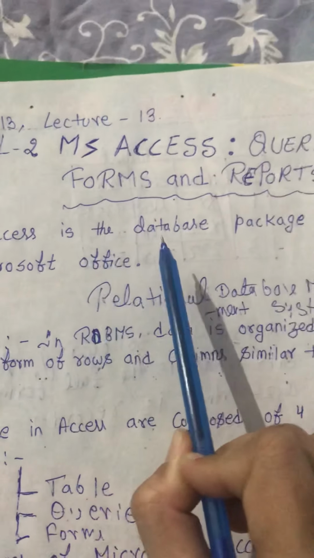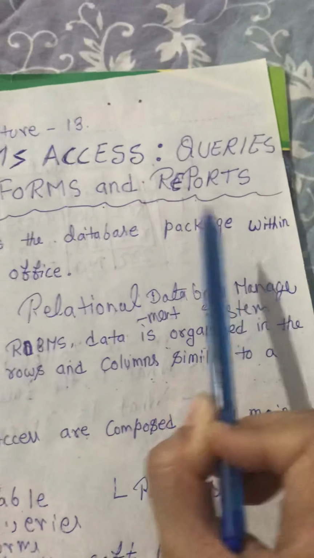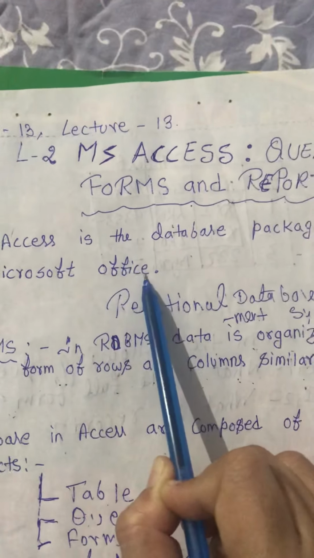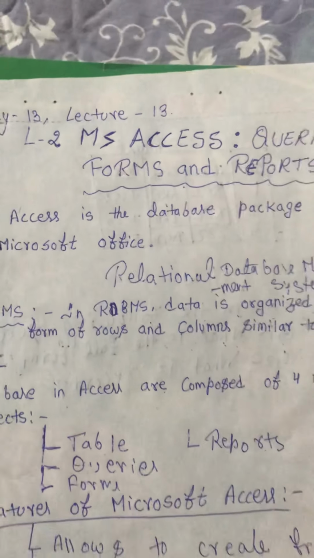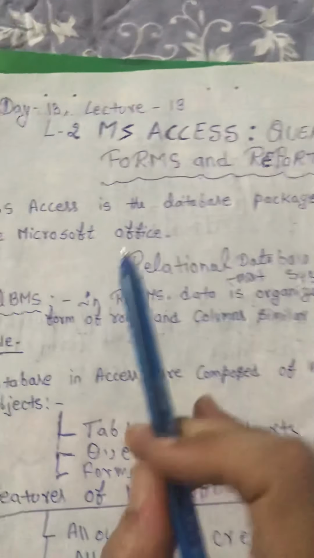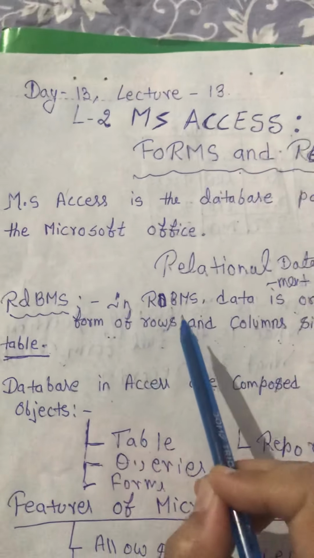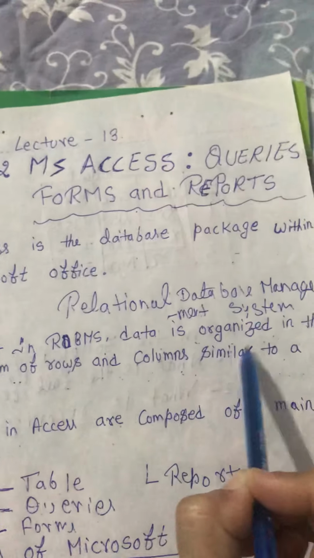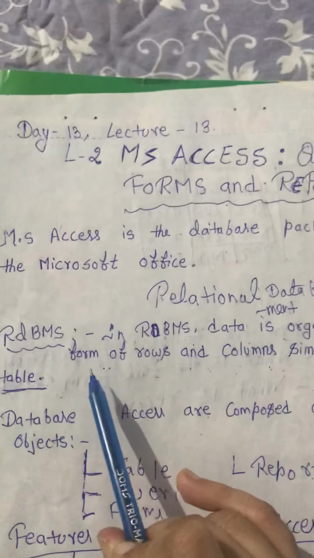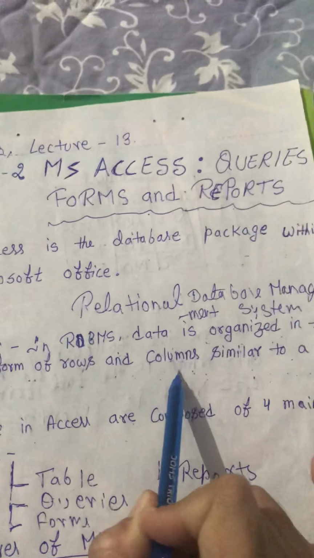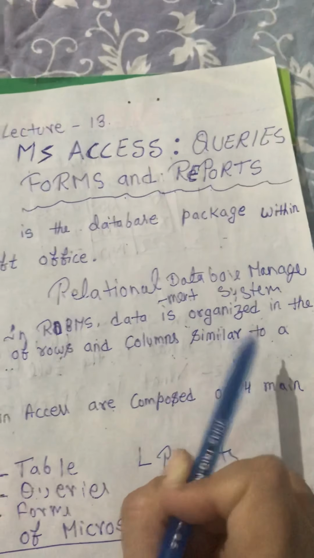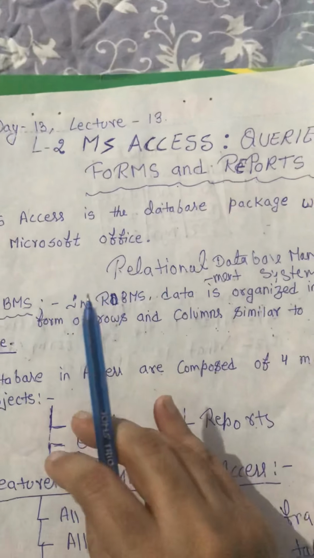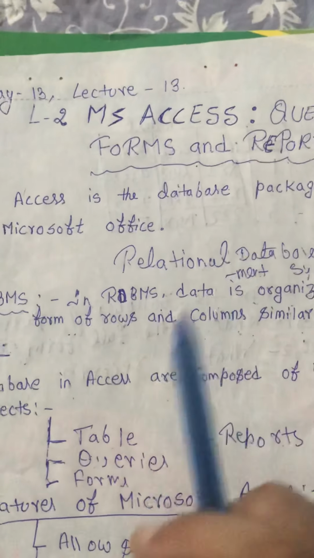MS Access is the database package within Microsoft Office. I also explained RDBMS. In RDBMS, data is organized in the form of rows and columns similar to a table. And you know that a table is a collection of rows and columns.